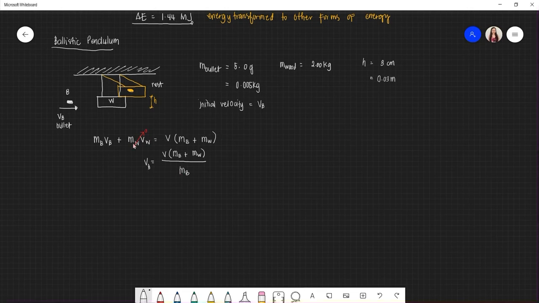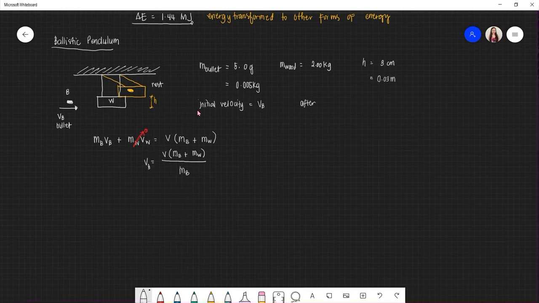But since initially the velocity of the wood is 0, so we can cancel this out. This is 0. And since after the collision, na-embed naman si bullet ni block of wood, so let's say that they share the same final velocity, or the velocity after the collision.